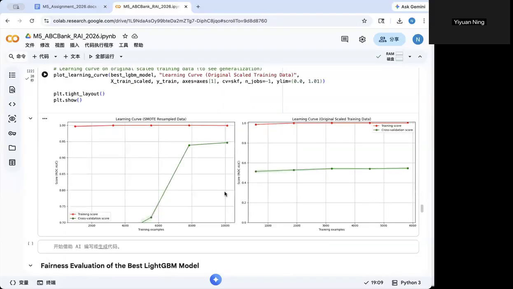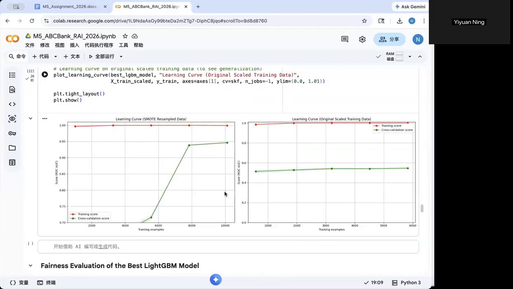Then I used learning curves to compare model performance on small resampled data and on the original scale training data. In both cases, the training AUC stayed close to 1, which means the model fits the training data extremely well.